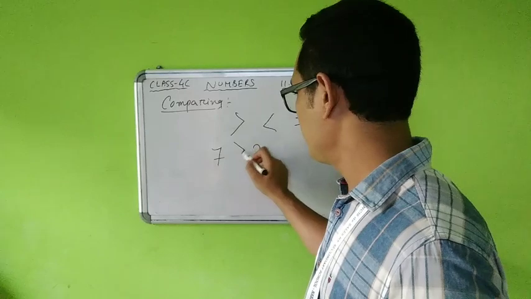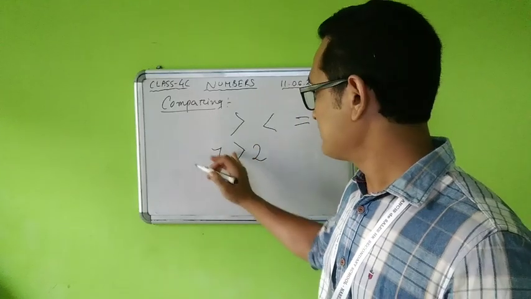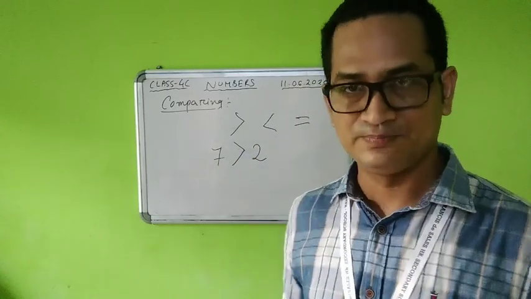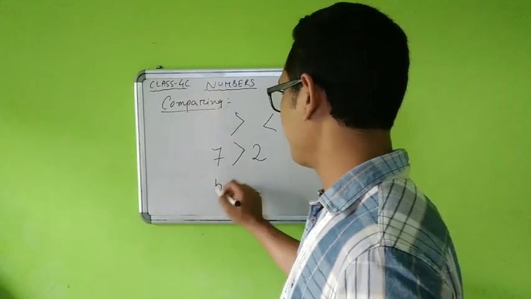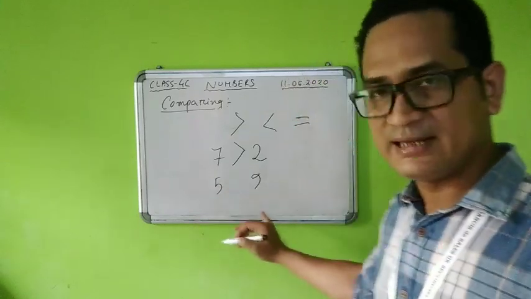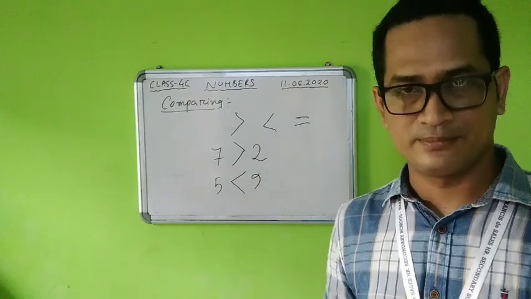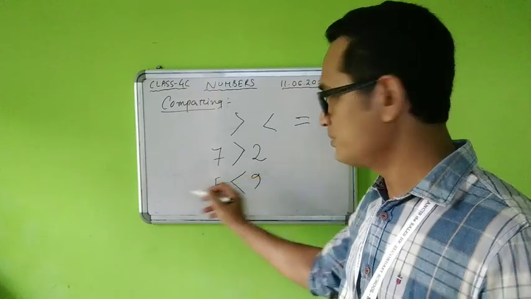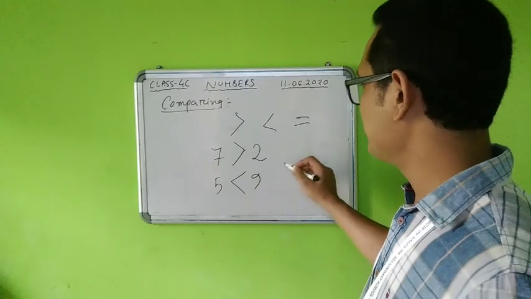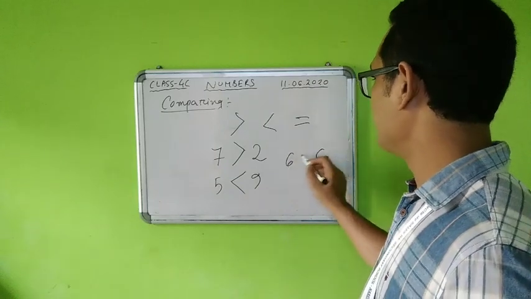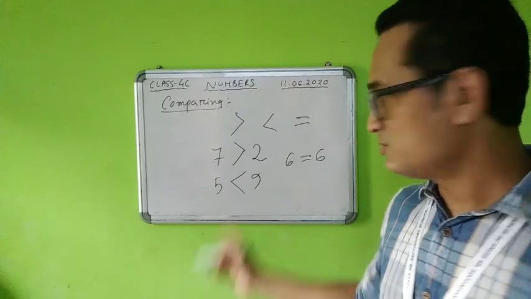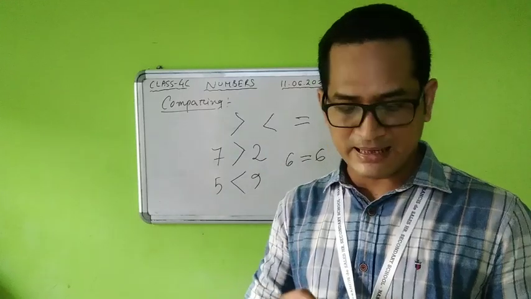So we have to put the symbol like this. The opening side should be towards the greater number. If I suppose write here 5 and 9, which one is greater? 9 is greater. So the opening side should be towards 9 and the closing part should be towards the smaller one. Fine. And if suppose two numbers are equal, then you have to put the equal sign. So this is how you need to fill in the blank space there.